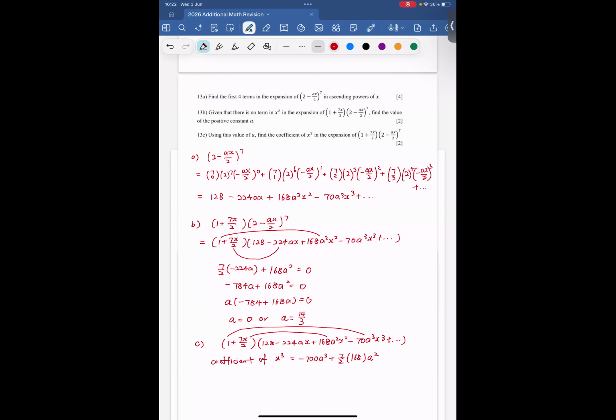Okay, so if we just put when a is 14 over 3, then the coefficient of x cubed will be... oh my goodness, why are the numbers so ugly? Did I do something wrong?